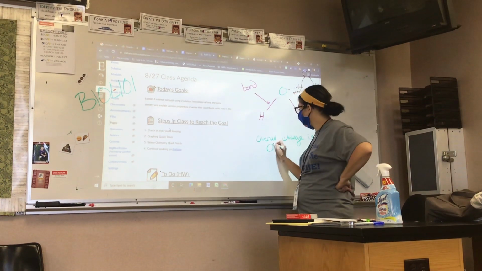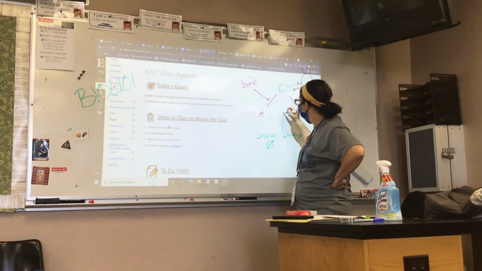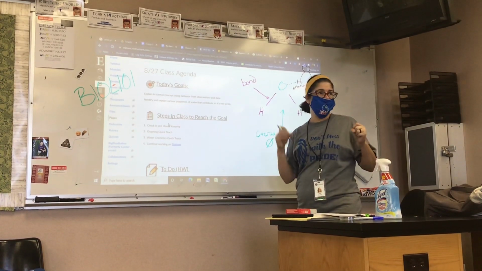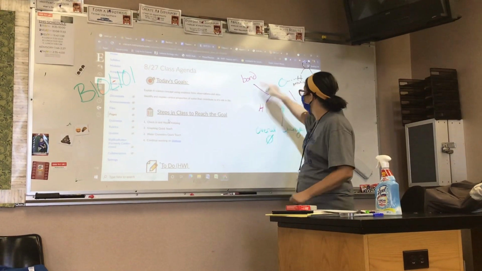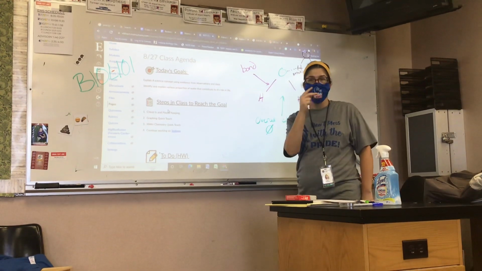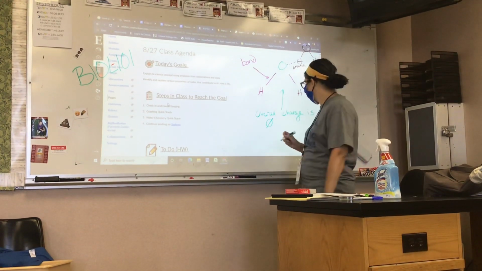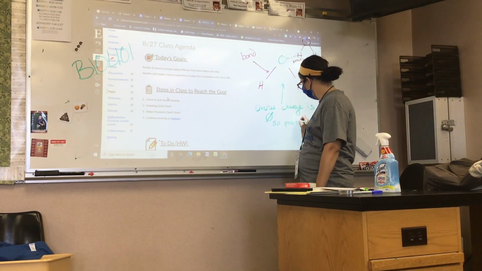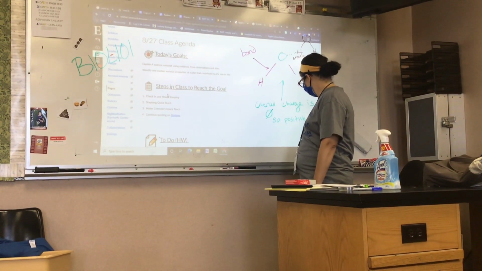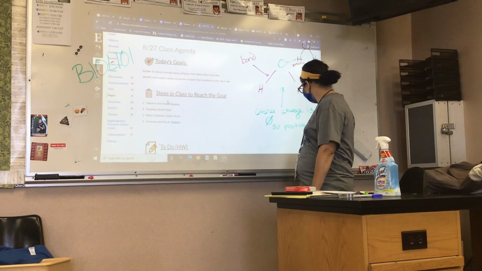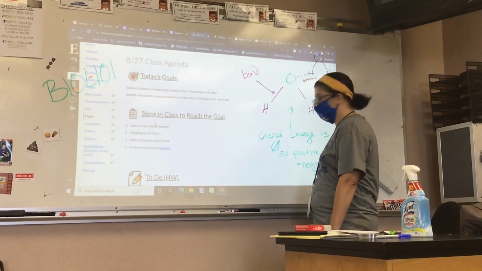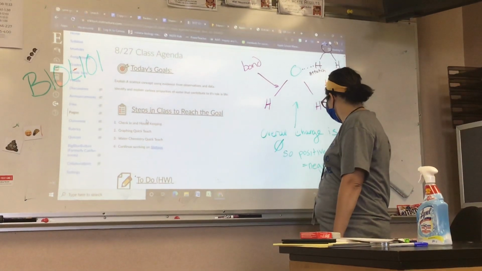If the overall charge on this water molecule is neutral, what do we know must be true about the positive and negative charges within this molecule? They cancel out, okay? So positive charges equal the negative charges, so they can cancel out. Do you guys agree with that based on what you learned? Okay.